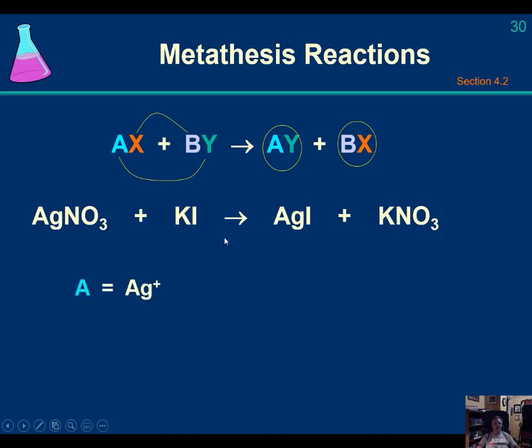All right, so that's what these guys stand for. A stands for silver cation. X, in this case, stands for the nitrate anion. B stands for potassium ion. And Y stands for the iodide ion. And they're just going to swap partners. That's what they do.